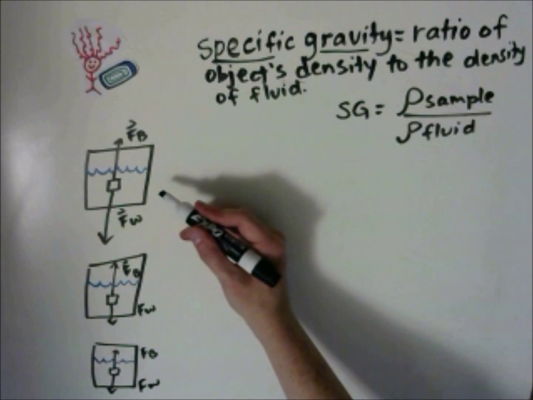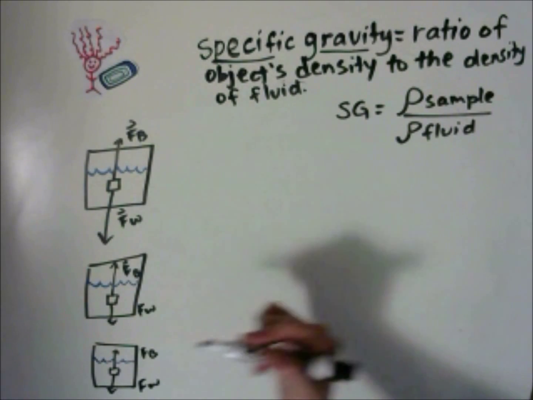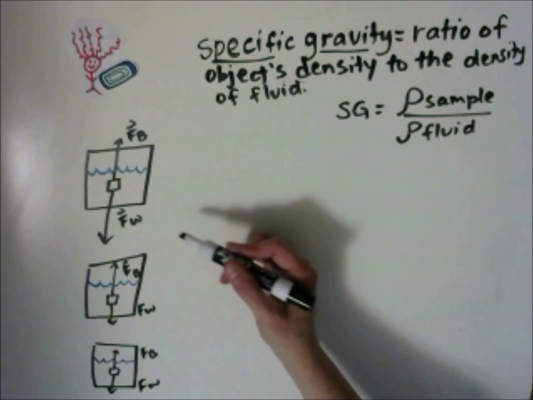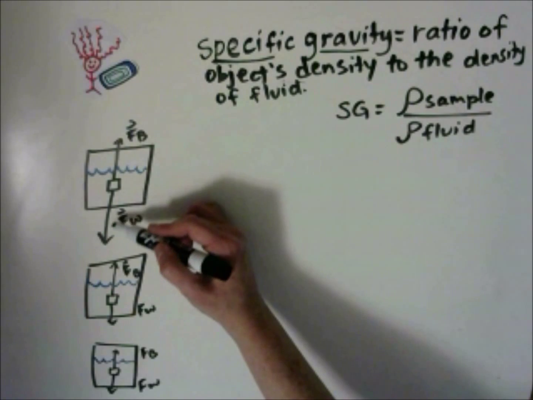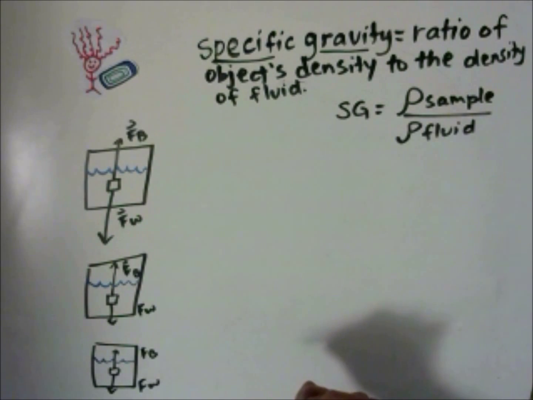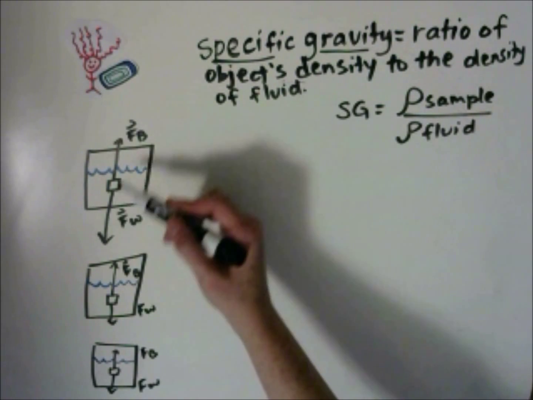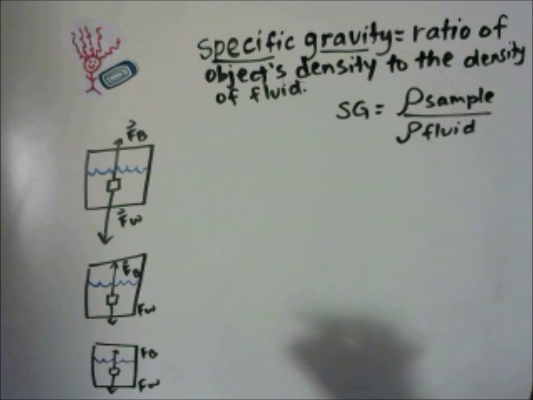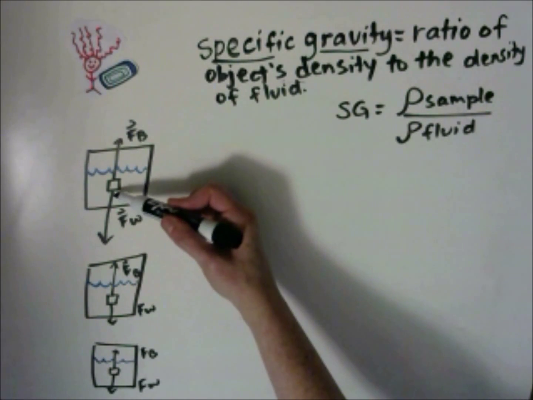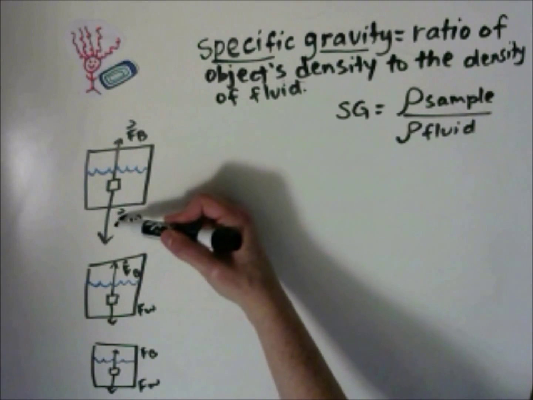In the first case, we have an object and it's in fluid. It has 2 forces acting on it, the buoyant force from the water and the force of weight of the object. You can see that the force of weight is greater than the buoyant force. If the sum of forces is not equal to 0, in this case it's not, it's going to accelerate. And you can see that there's an overall net force in the downward direction.